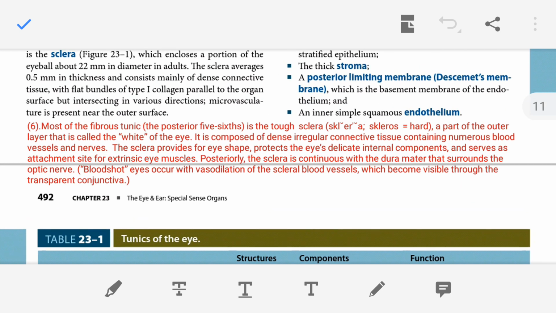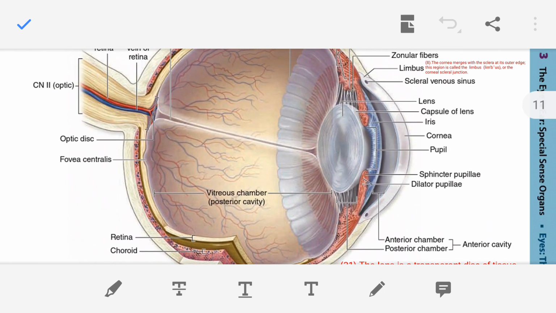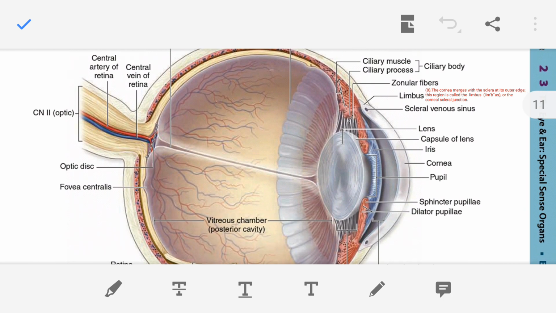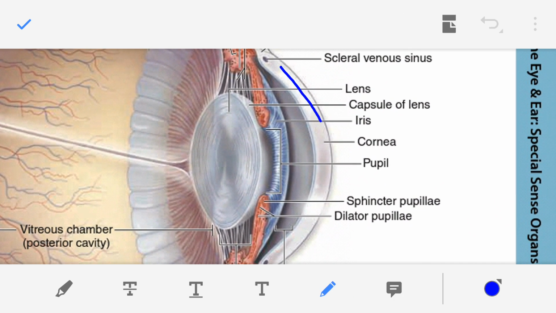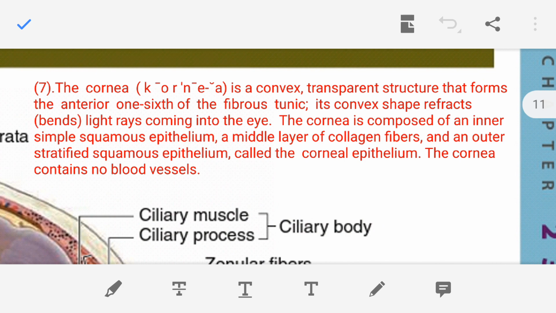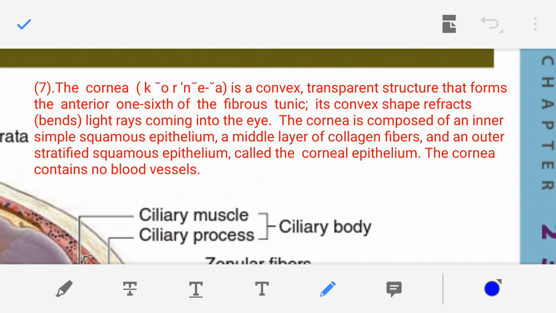So this is about the fibrous tunic and the sclera. Now we are discussing the cornea. As you have seen in the figure, the shape of the cornea is convex. The cornea is also a transparent structure, and it forms the anterior 1/6 of the fibrous tunic.